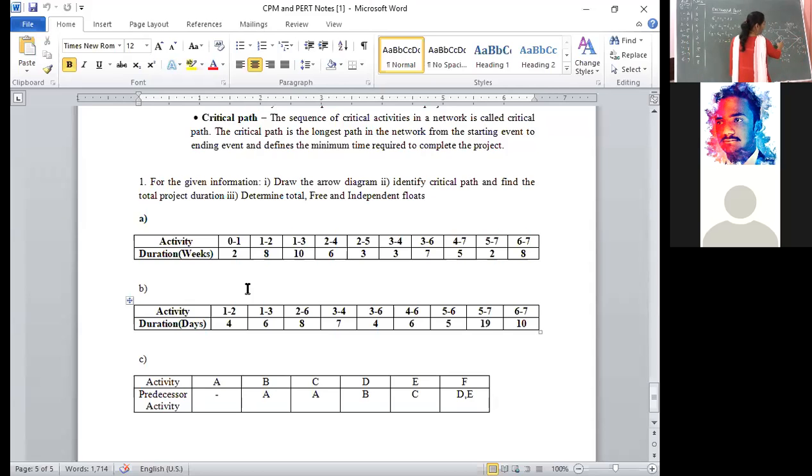Next, we have to calculate the latest start, that is the L4 value. For L4, it is coming from 7 only. L4 is equal to L7 minus T47. L7 value is 27, minus T47 value, which is 5. 27 minus 5 is 22.